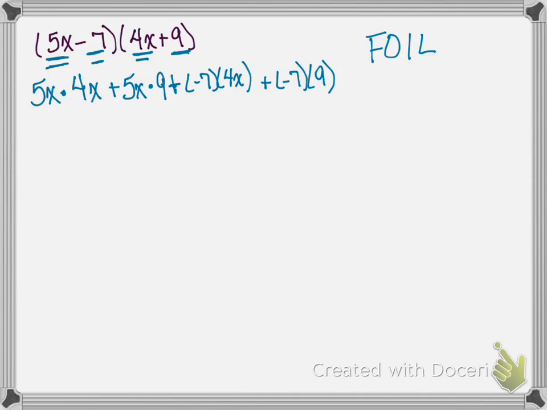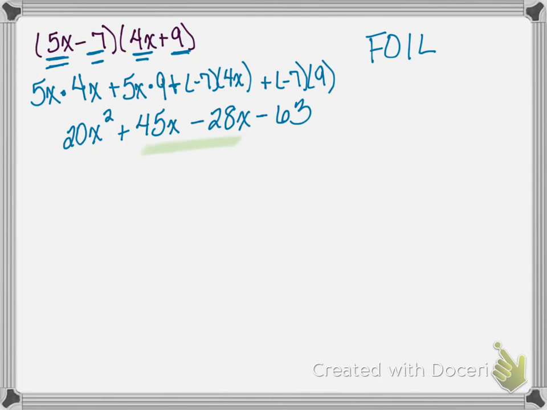So sometimes students don't write that step down, and that's fine. So now when we simplify, we get 20x squared plus 45x minus 28x minus 63.